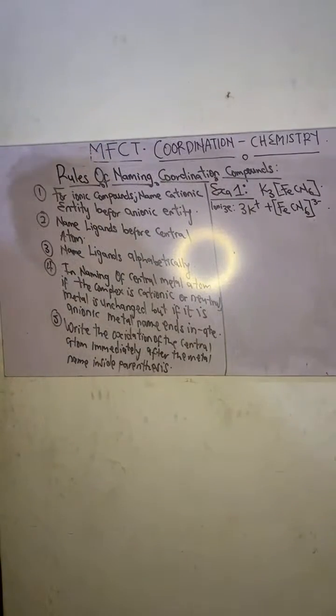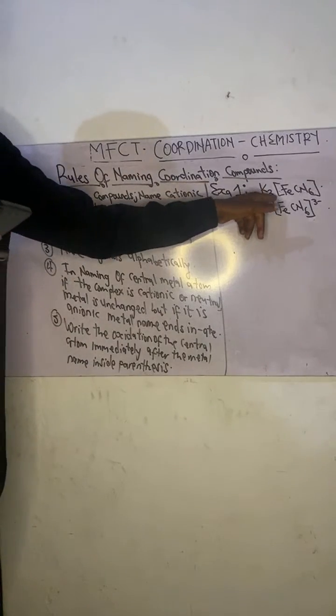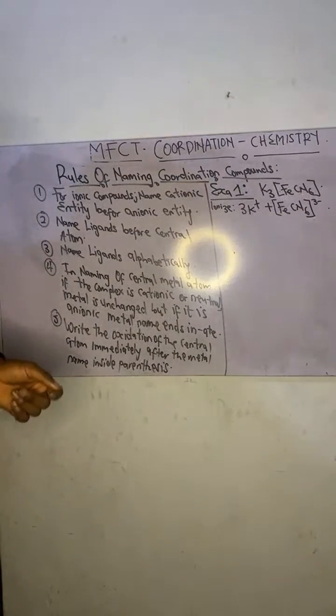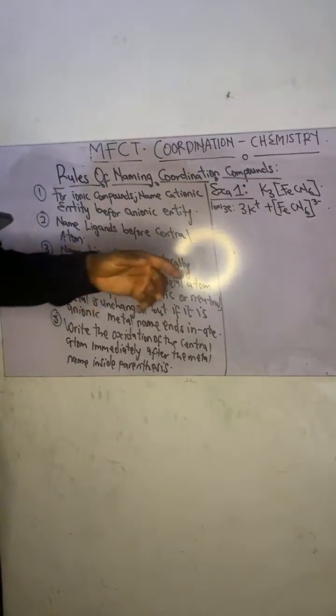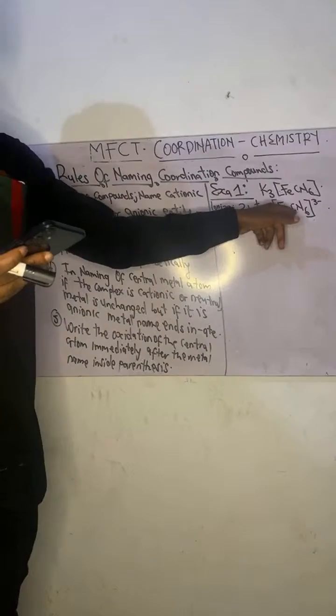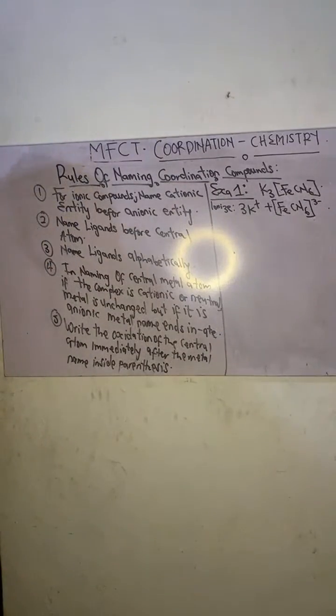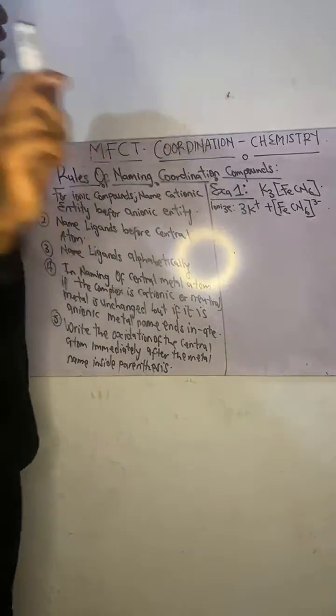So the ionizing of this complex actually gives us what? 3K+ and [Fe(CN)6]3-. So you already know how to ionize. We've done that earlier.